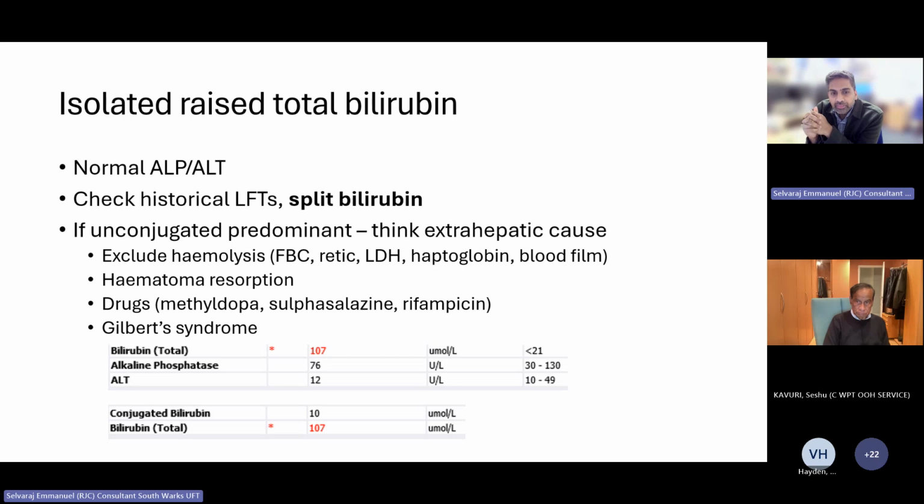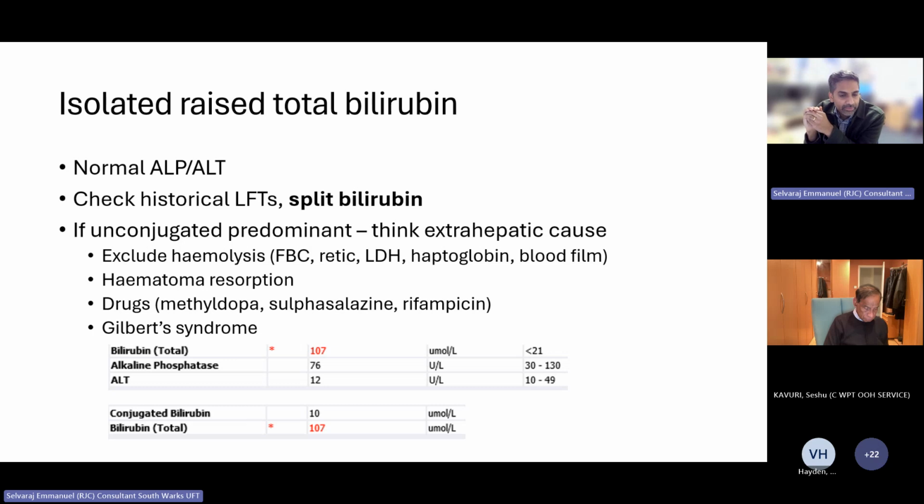No, very good thought. I think the key thing here is asking for the full blood count. I completely agree. But the bilirubin is too high for my liking for Gilbert syndrome. The point I was trying to make here is, yes, it will fit with Gilbert syndrome if the hemoglobin count is normal and we've excluded hemolysis. But actually, this is from a patient who didn't have Gilbert's.